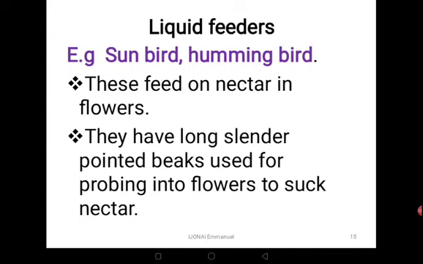Then the insects also, how they are adapted to feed on different things, sucking, piercing, and so on. So I want you to make a summary of at least 2 pages, summarizing all mechanisms on how these organisms feed, and then you send me that summary. I'm interested in seeing it so that we see how we progress.